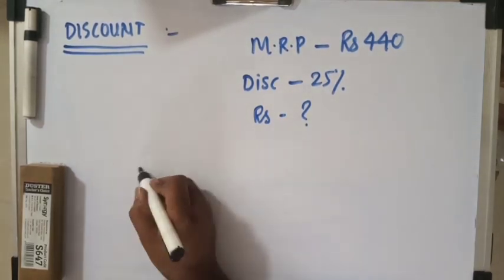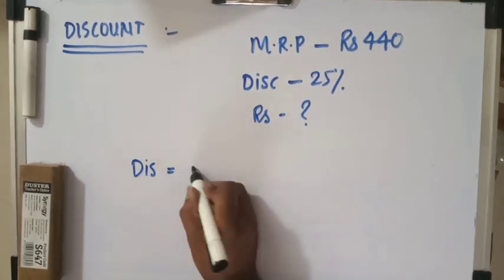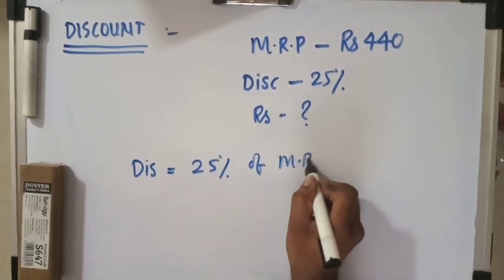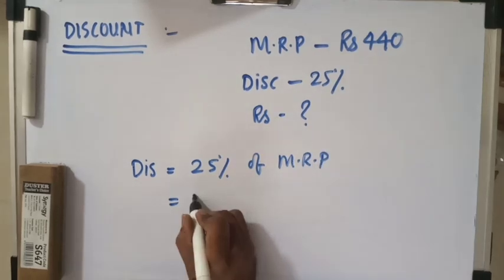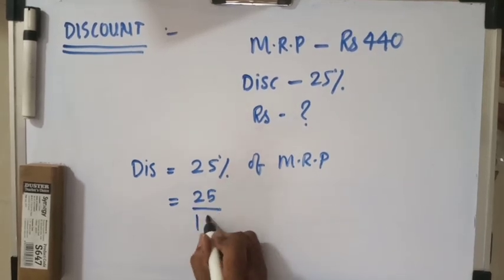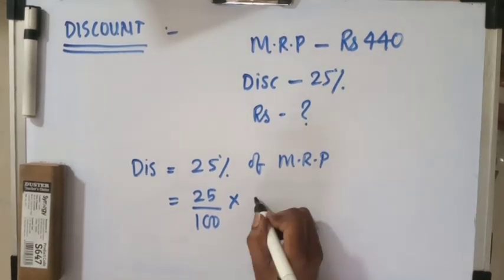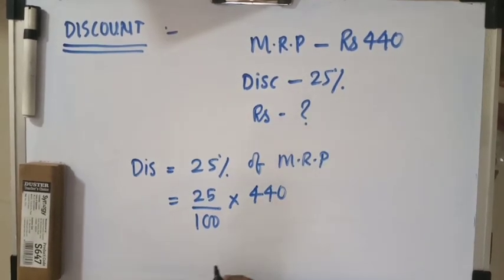Now I'll calculate. So my discount is 25%. The discount is always calculated on the MRP. So what is my MRP here? It's 25 upon 100 into my MRP, which is 440 rupees.